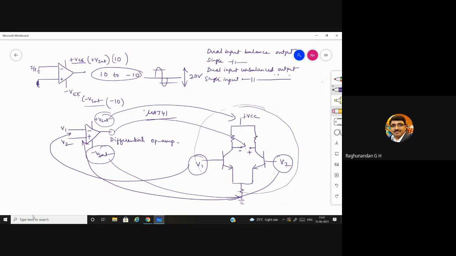So these are the four types of differential op amps we are having.